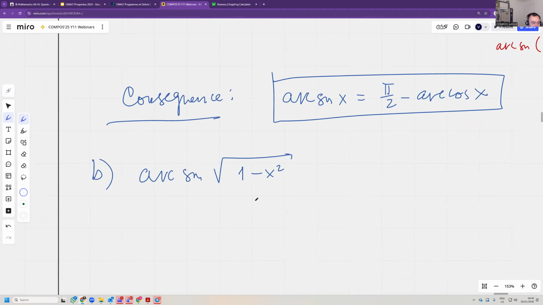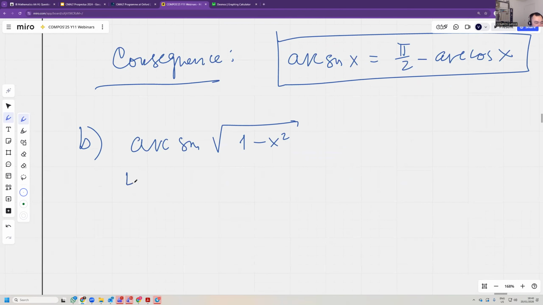Well, let y equal arc sine square root of 1 minus x squared. Then that means sine y is square root of 1 minus x squared.